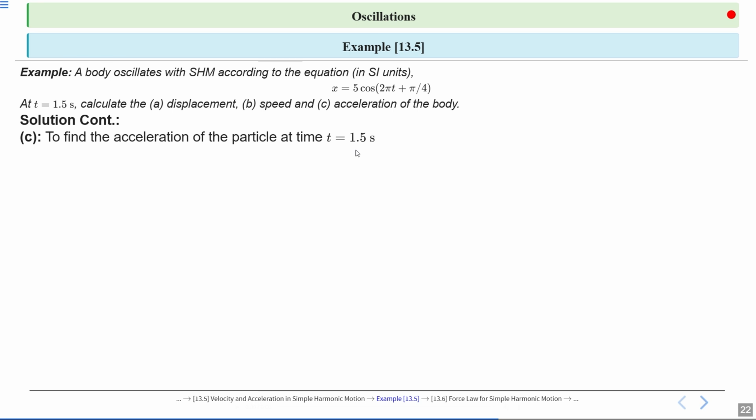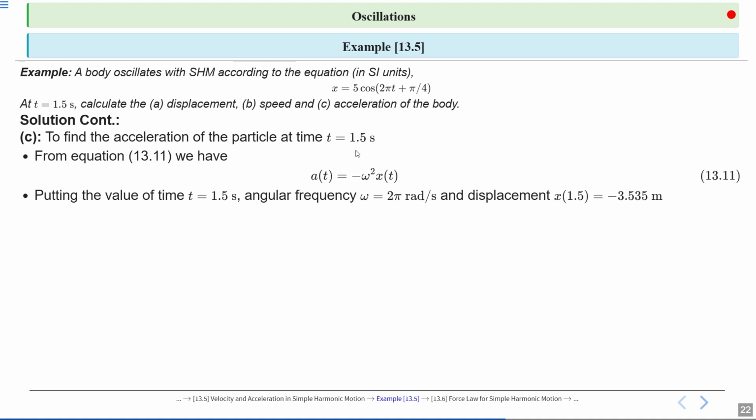Now we need to find the acceleration of the particle at t equal to 1.5 second. From equation 13.11 we have a of t is equal to minus omega square x of t.